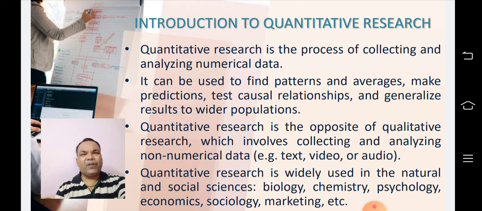Then, quantitative research can be used to find patterns and averages. It can be used to make predictions. It can be used to test causal relationships. It too can be used to generalize results to wider populations.